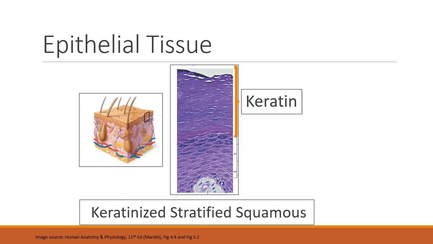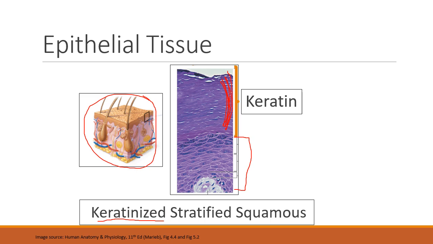Keratinized stratified squamous epithelium, keratinized, is that which you find on the skin. Right? So keratin, that's this part over here. Keratin is a protein substance that's created by the epithelial cells, which are these cells down here. We'll learn more about that when we get to the integumentary system.